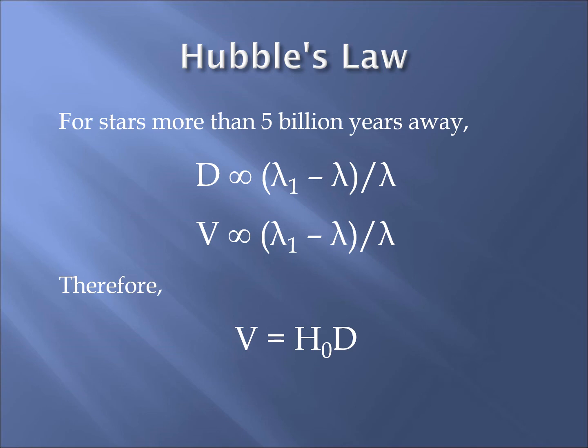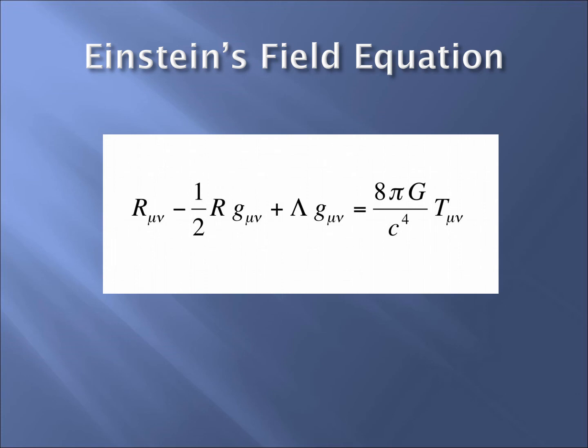Okay, now let me ask you: is the universe expanding or is the space-time shrinking? My answer, of course, is that space-time is shrinking rather than the universe expanding. This is Einstein's field equation, where on the left-hand side we have the curvature tensor, metric tensor, and the cosmological constant, which are related to the curvature of the spacetime.